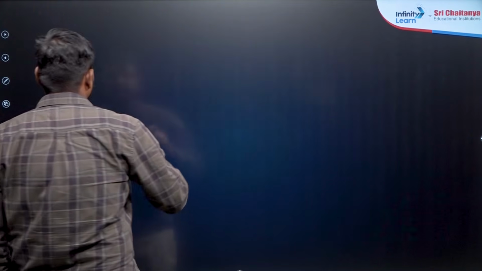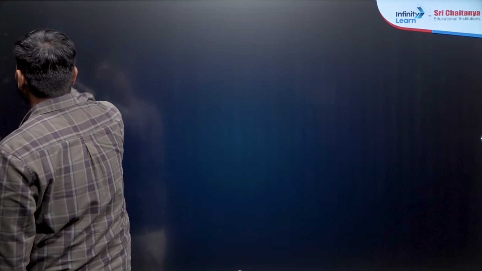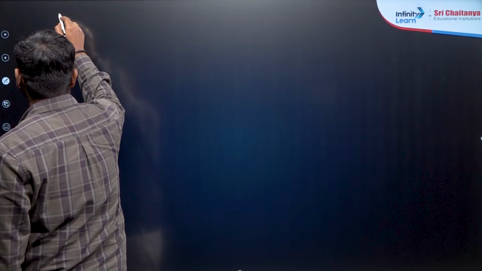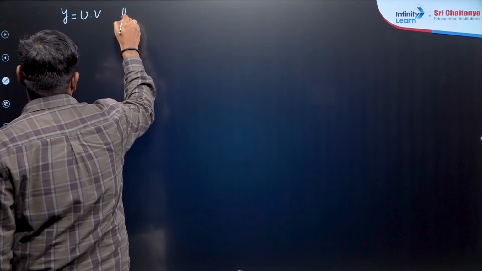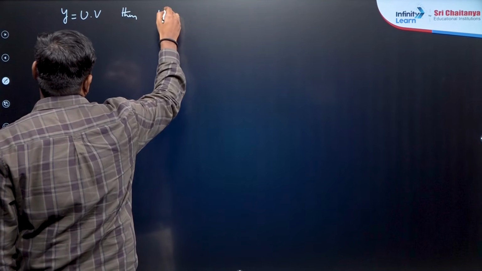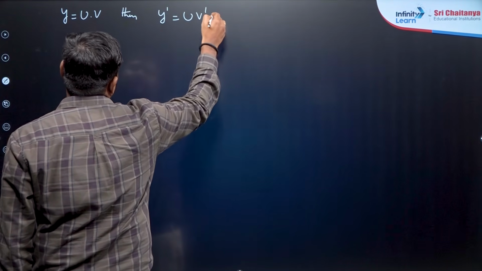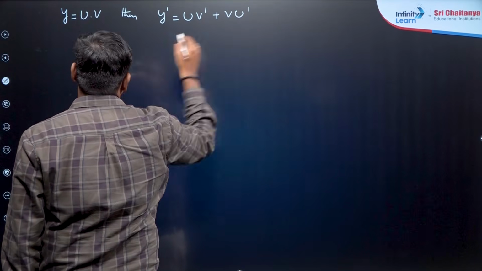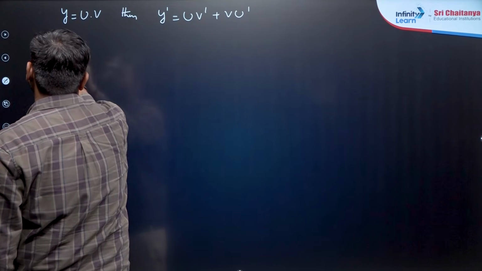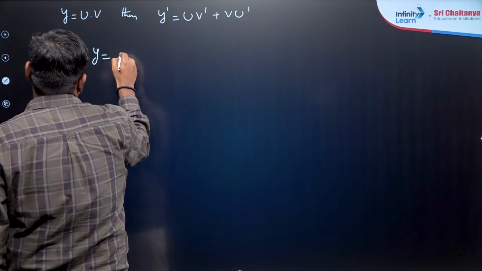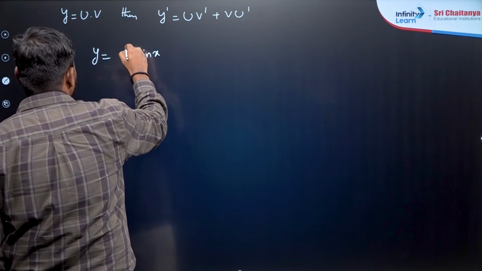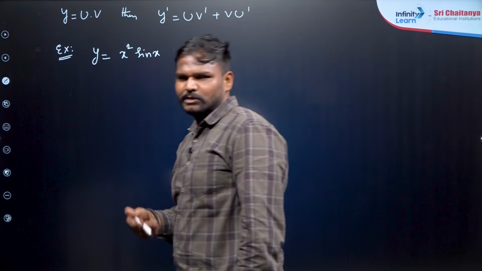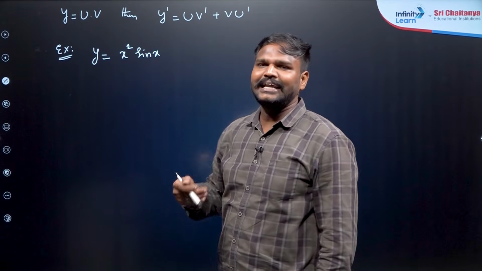Right. Let us discuss an example for u into v now. u v dash plus v u dash. What example am I giving you? I am giving you x square into sin x. x square is an algebra function, sin x is a trigonometric function.